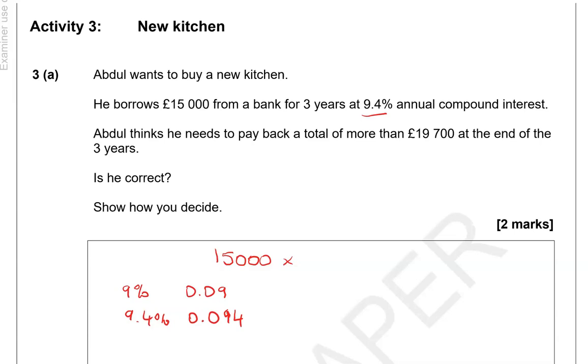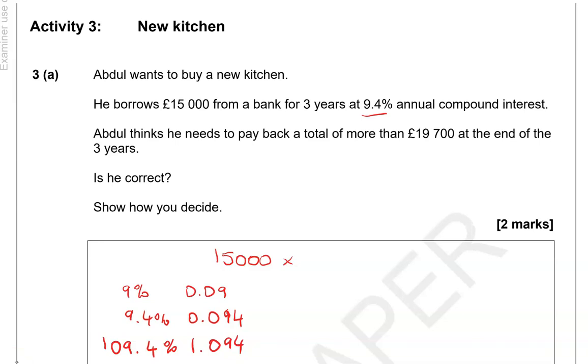Now, because this is an increase on top of the 15,000, it is like working out 109.4%. So practically, you're going to be multiplying by 1.094.